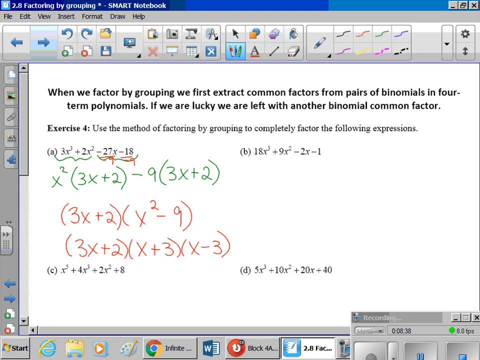See where it says to completely factor the following expressions? That means it wants it in its completely factored form. It does not want it to be partially factored. So this right here is partially factored, and this right here at the bottom is completely factored.